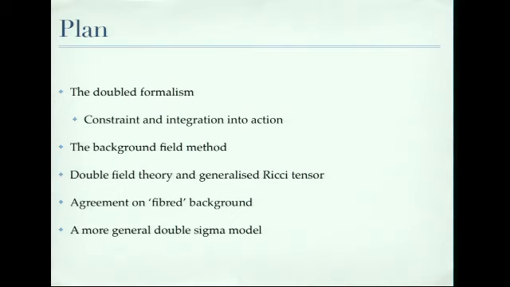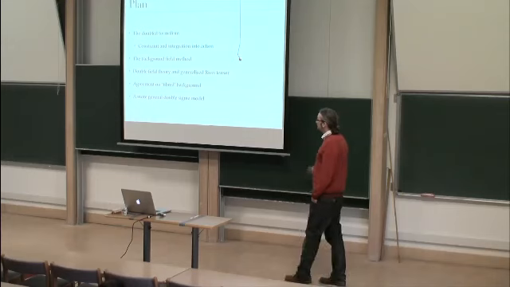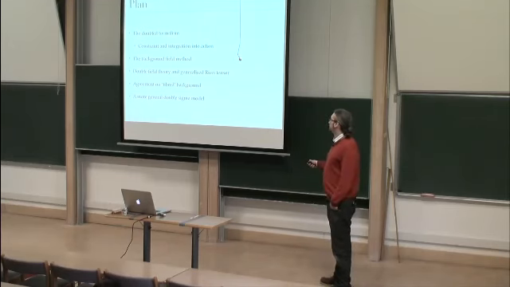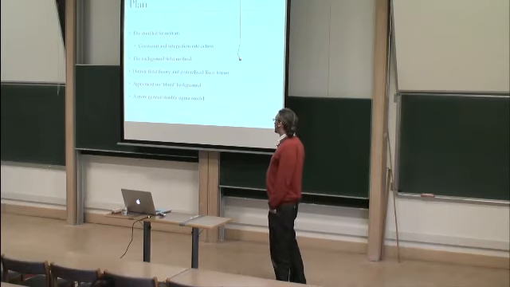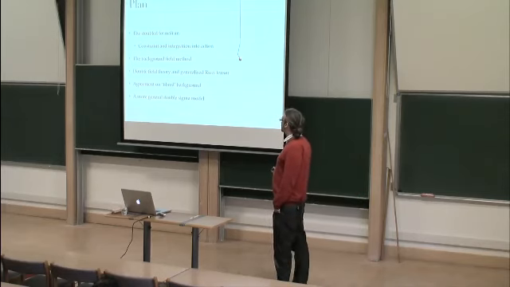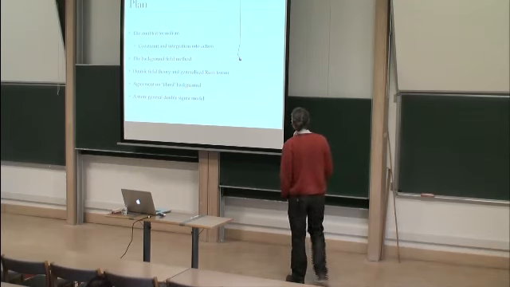And then we'll switch a bit onto field theory and talk about double field theory and the generalized Ricci tensor, which occurs here. And then we're going to look at the connection between the two on a fibered background. I'll explain what I mean by that here, but this is basically what this double formalism is defined on. And then finally we'll talk about a more general double sigma model, which doesn't have the restrictions to a fibered background that we have here.